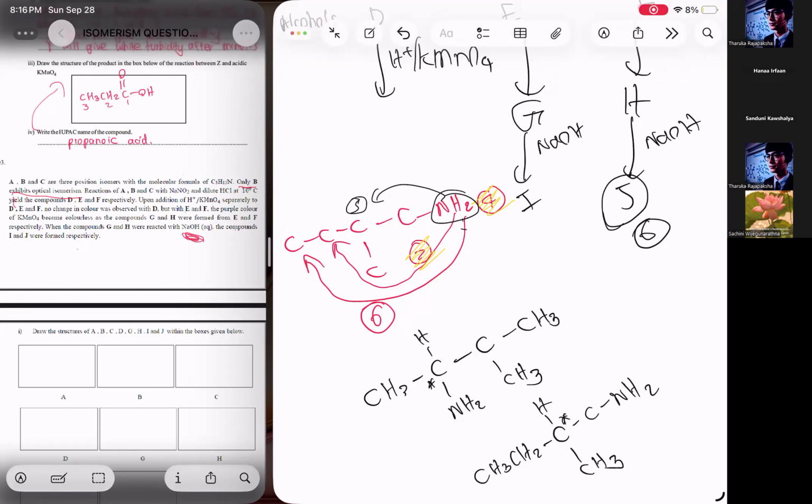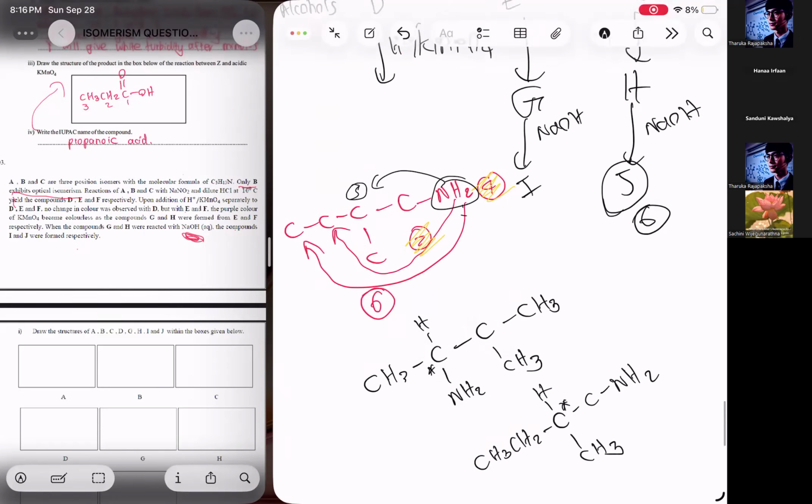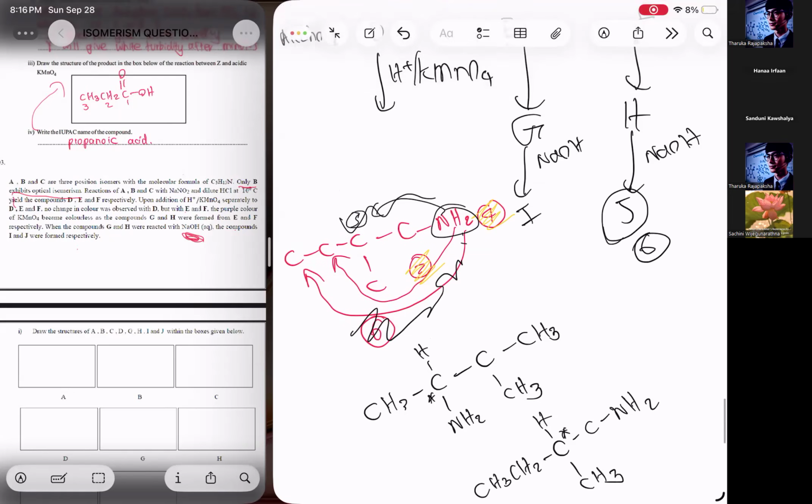For compounds A and C, we found out C. C is the sixth one. That one also we found out, and the fifth one is also fine. Then 4 and 7 are remaining.